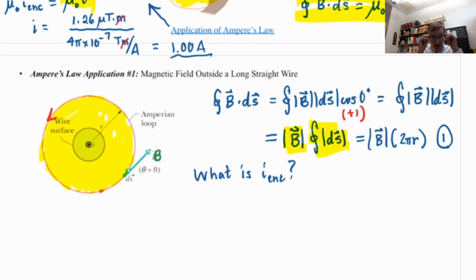Well, the entire wire inside the current is piercing going upward, yes? The entire wire, the entire current of the wire, I. So the answer for I enclosed in this context is a simple, straightforward plus I. And I'll number that equation too. And now I will actually write down Ampere's law. I haven't really used it yet.